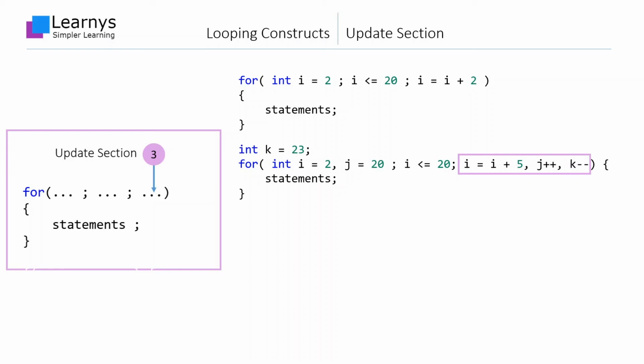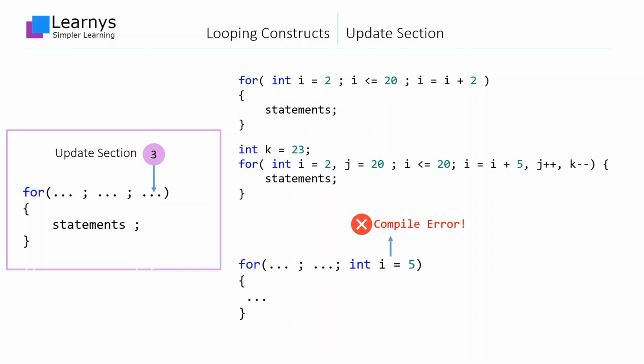This example suggests that you can put any valid expression in this section and it will be executed as per the protocol. Unlike the initializer section, which can be used to declare variables, this section cannot be used to declare new variables. The sample code given will not compile because the expression mentioned in the update section tries to declare a new variable, which is illegal.